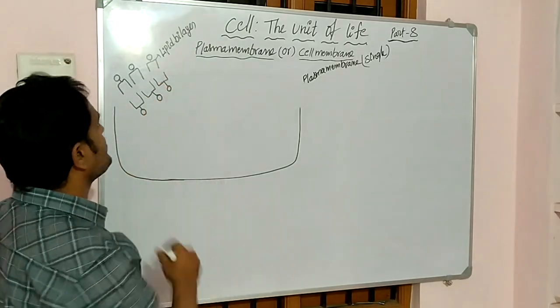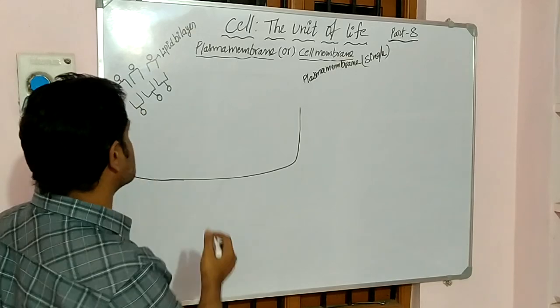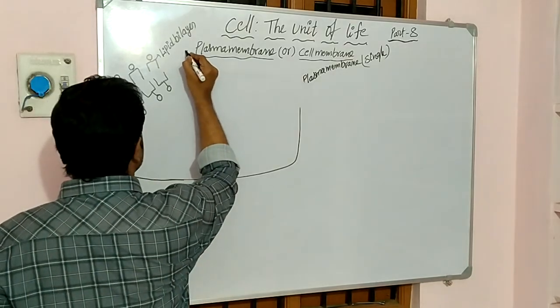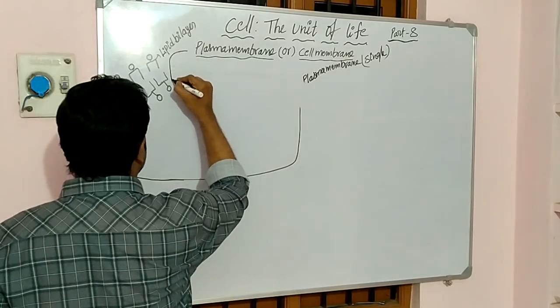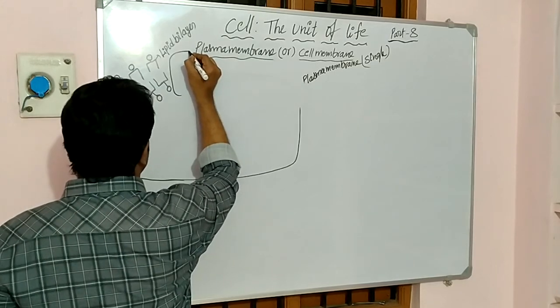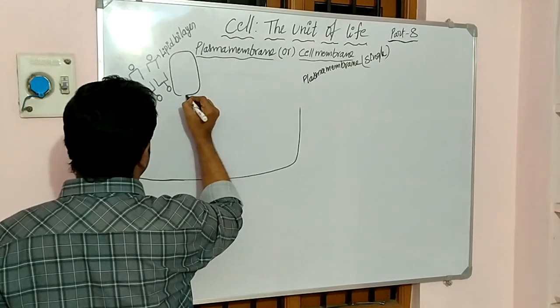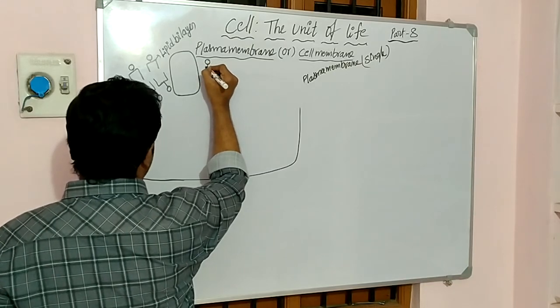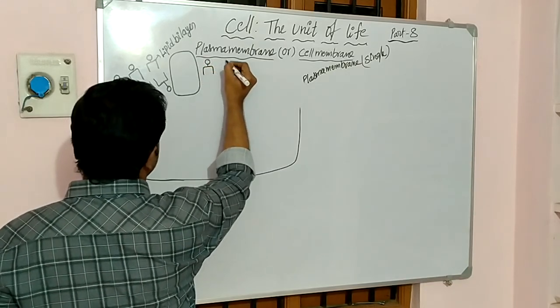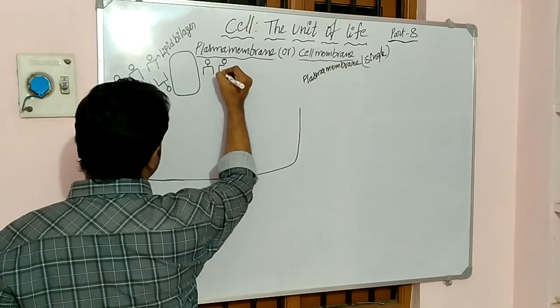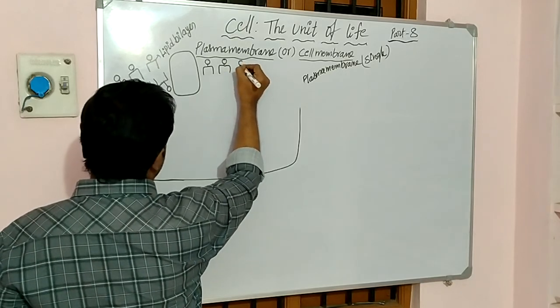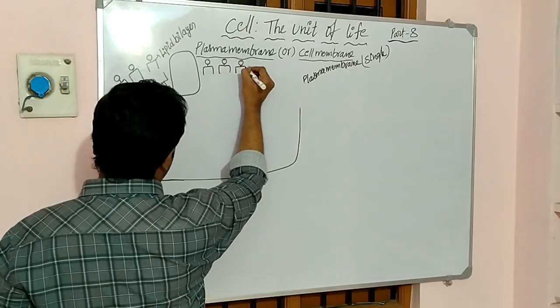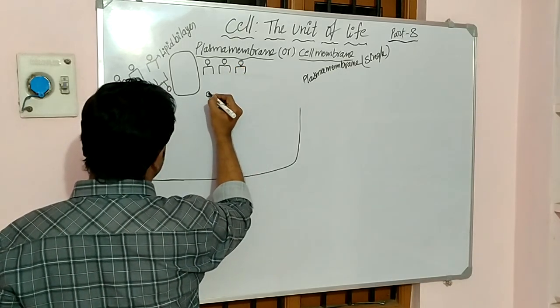So in between the lipid bilayers, some proteins are present here like this. Suppose it is one type of protein. After that, again a lipid bilayer.